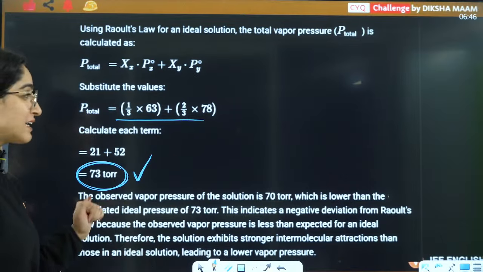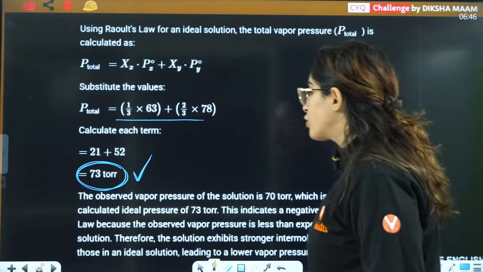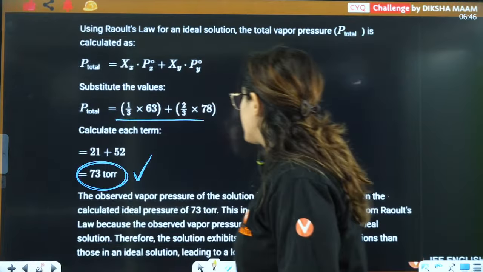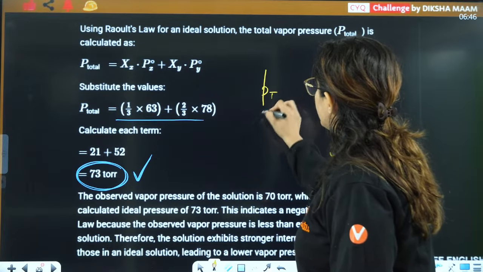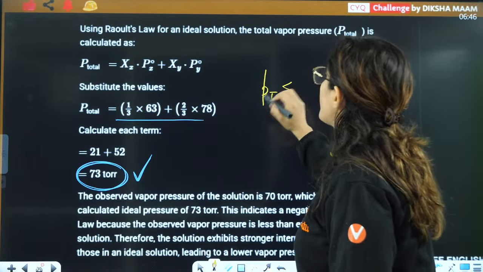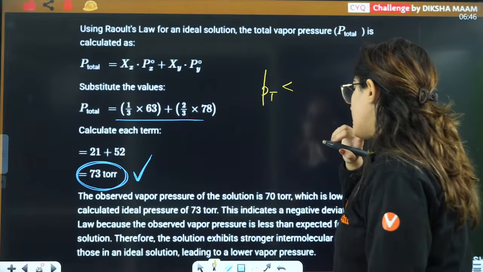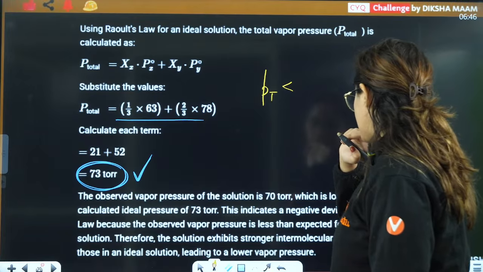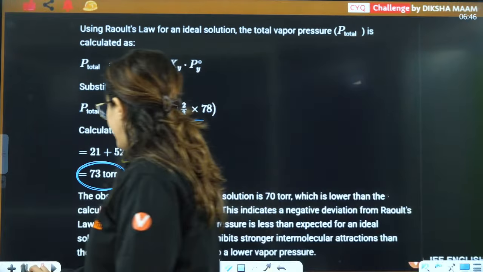That is obviously greater, so pressure is greater, that means we are talking about positive deviation here. Wait a minute. Let me see whether this is observed or total.